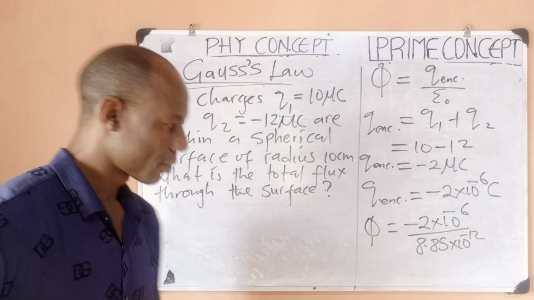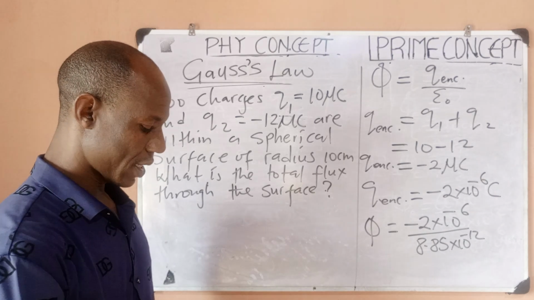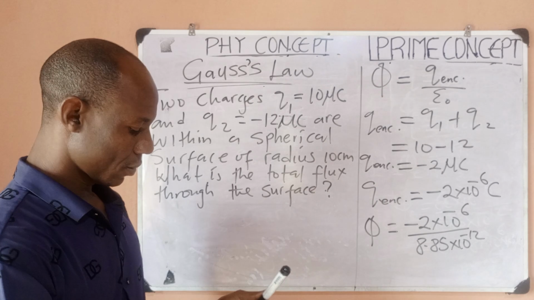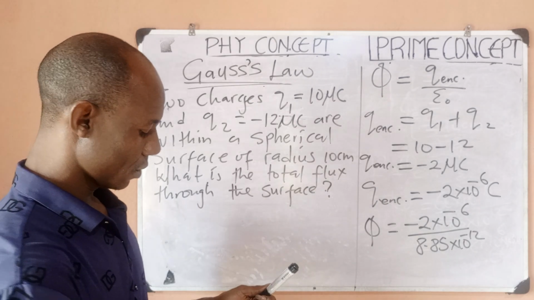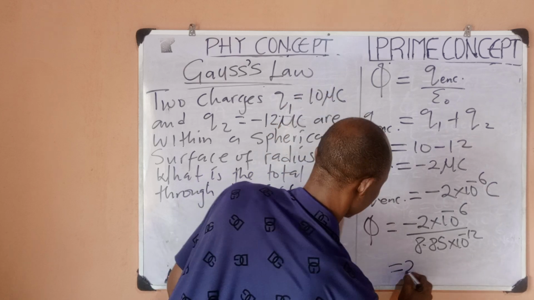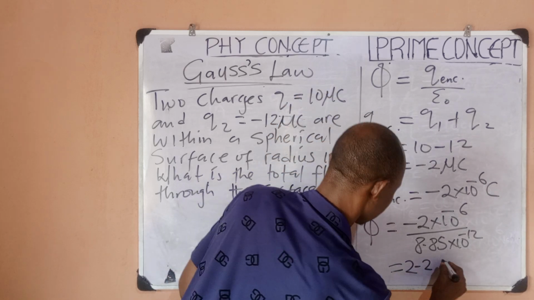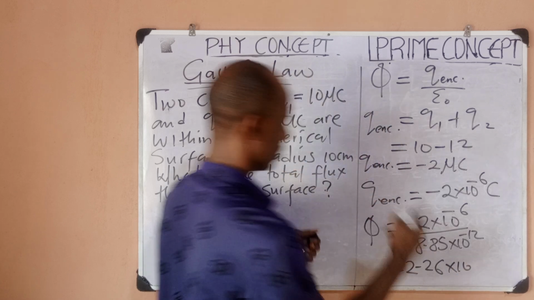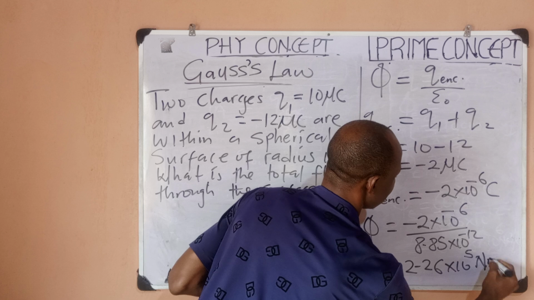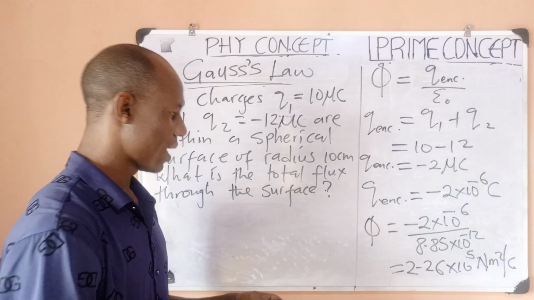So quickly, I have 2 divided by 8.85, which gives 2.26 times 10 to the power 5 newton meter squared per coulomb. So this is my answer to the problem.